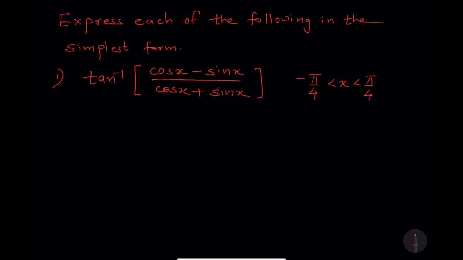Since x is between minus pi by 4 to pi by 4, cos x is not equal to 0, so we can divide numerator and denominator by cos x.